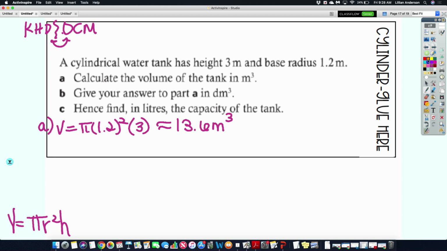Okay? If I convert 3 meters to decimeters, what does it become? It will become 30. So this will be 30 decimeters. 1.2 would turn into 12 decimeters. So then I could do the volume again with those numbers. 12 squared times 30.